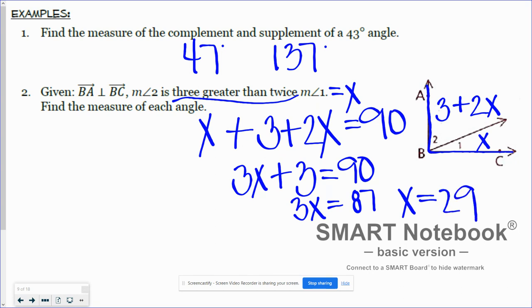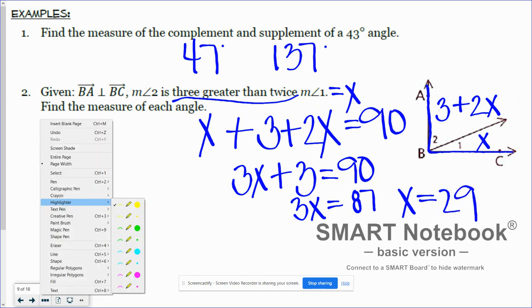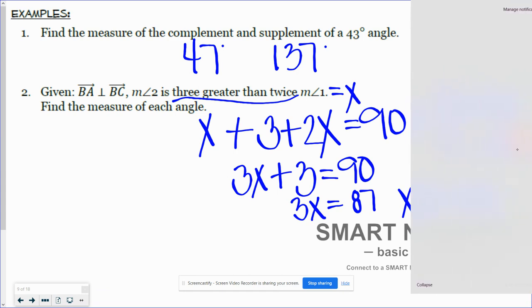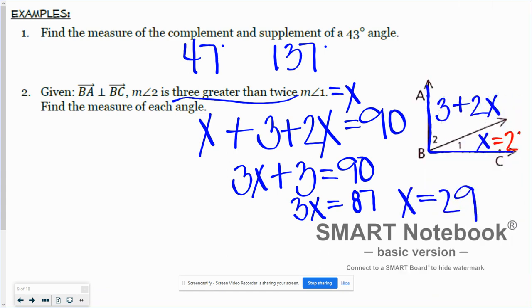Now make sure you're answering the question. Find the measure of each angle. Well, we know that x is 29, so that's easy. And as far as angle 2 goes, whoops, sorry about that, I can simply subtract 90 minus 29, and I get 61, and that would be the measure of angle ABC.